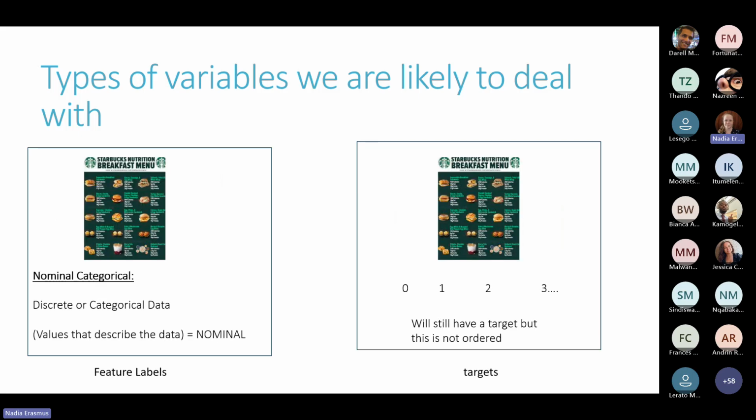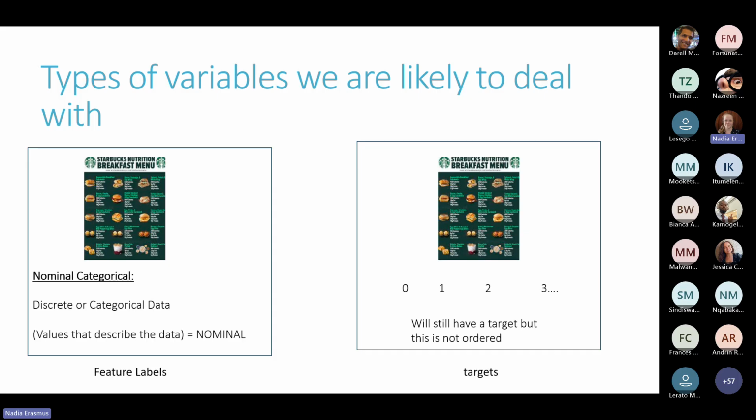Okay. So then we have nominal categorical data. That is, you can number it, you can count it. So you can count the number of cars on the road that's driving past your house.